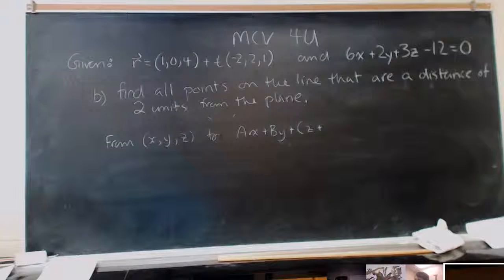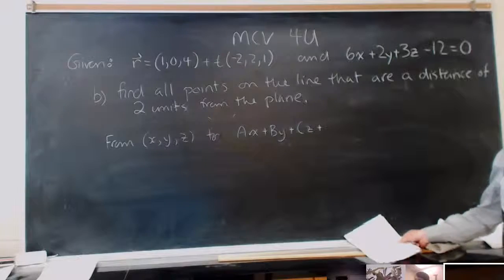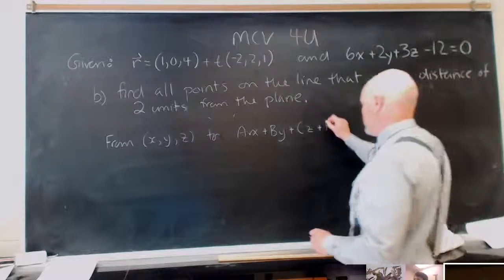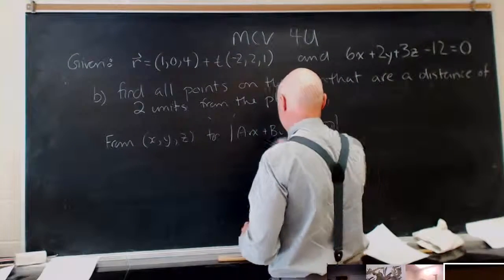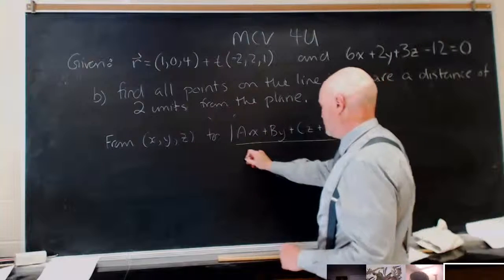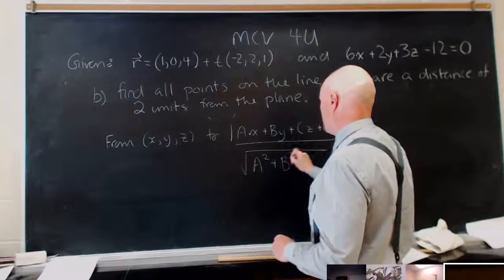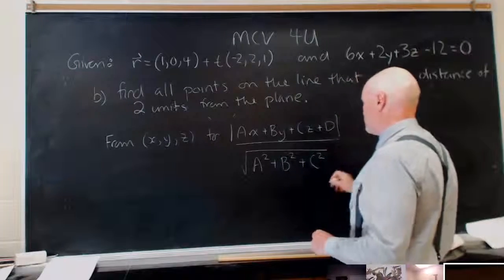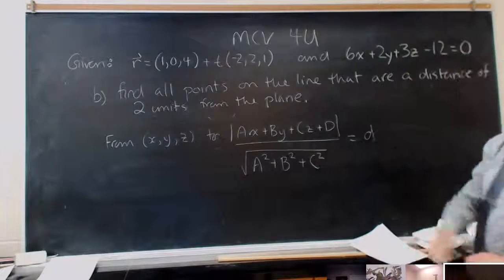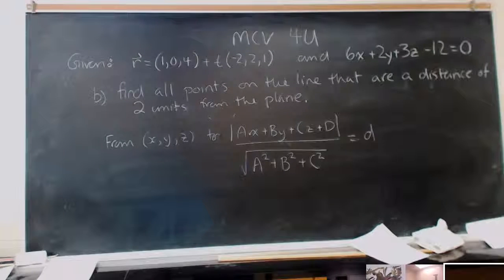Yeah, you're actually thinking about how we derive that, RJ, but it's actually plus d. So it's the result of the projection, and it's all over the square root of a squared plus b squared plus c squared.